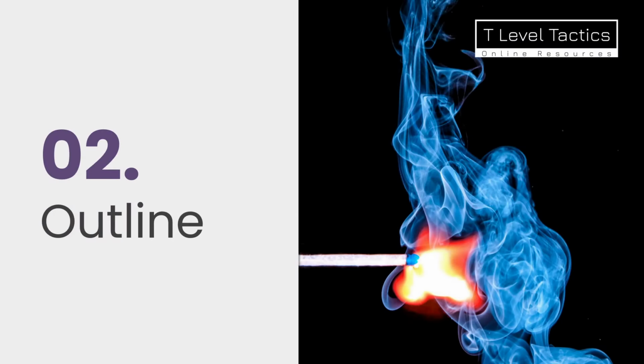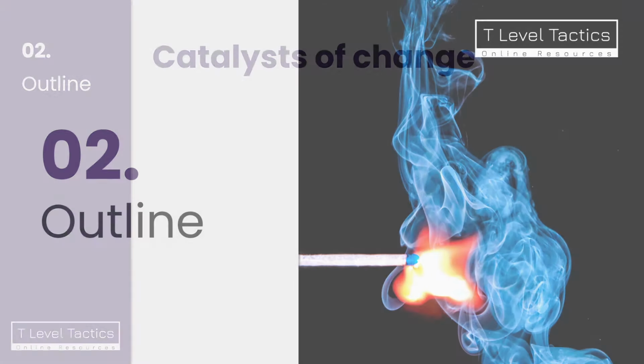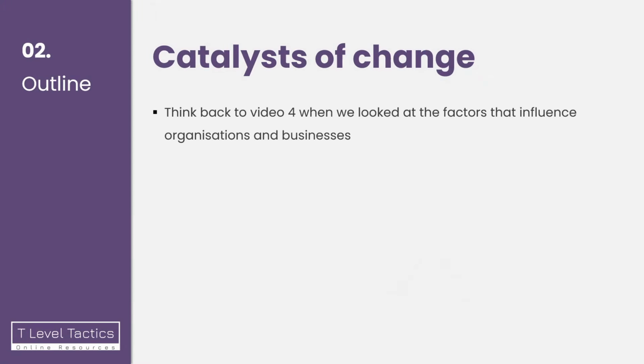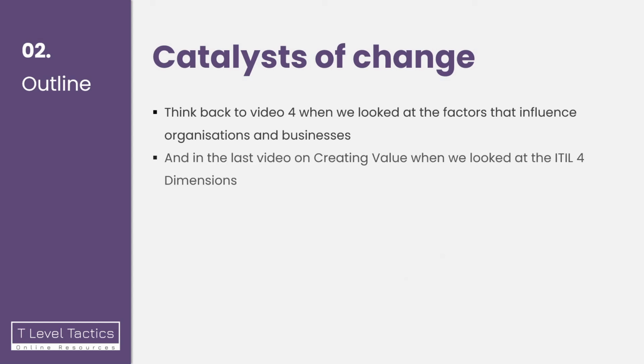Okay, let's have a look at some catalysts for change. Think back to video 4 when we looked at the factors that influence organizations and businesses. And in the last video, which was creating value, we looked at the ITIL 4 dimensions that also looked at some different factors and influences.